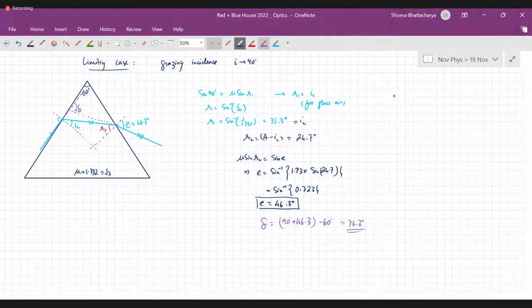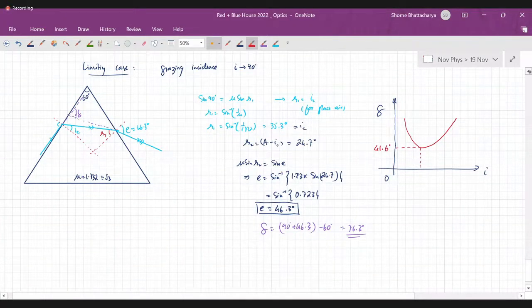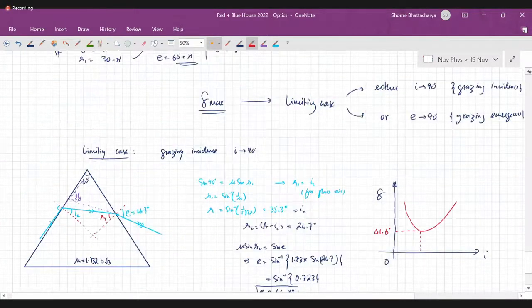So on my relationship between deviation and angle of incidence for this particular situation, we had seen that we were getting minimum deviation of about 46 point, what was it, 41.6 degrees. No, sorry, we are getting 60 degrees now.